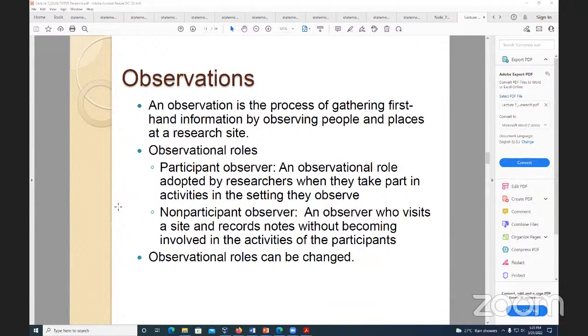The longer you're there, people are not going to remember that you are an observer. But apart from that, if you get involved in the setting, then you're a participant observer. If you are just observing from the outside, you're a non-participant observer. And both of them have their pros and cons, and it really depends on the purpose of your project as to what you're going to do.